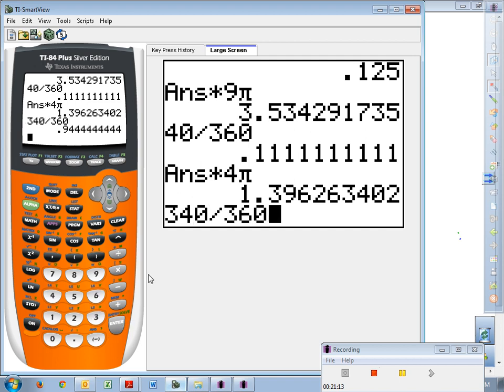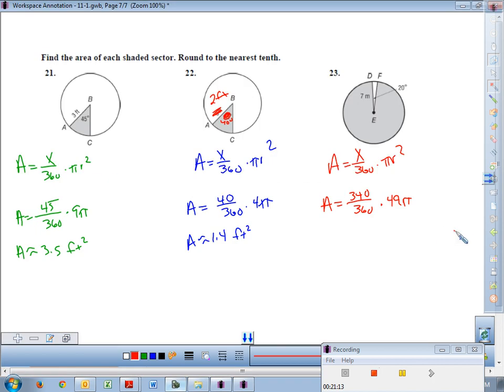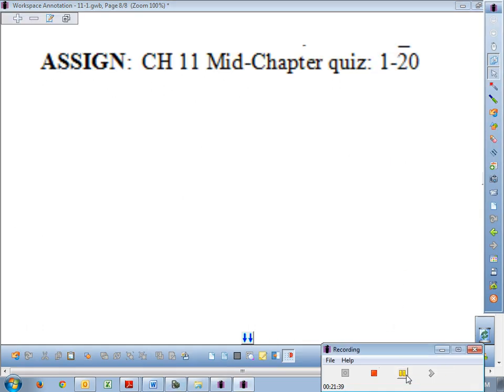And we're basically finding 94% of the circle, where its area was 49 pi. So we get about 145.4 meters squared.